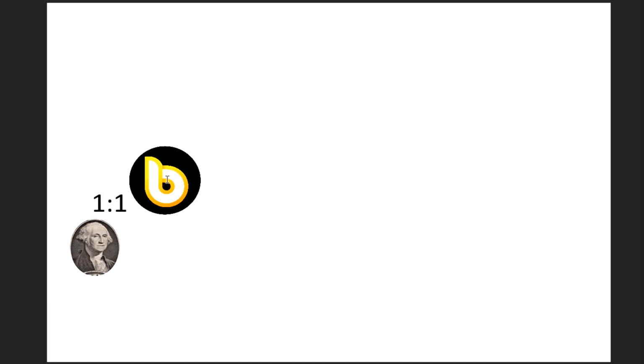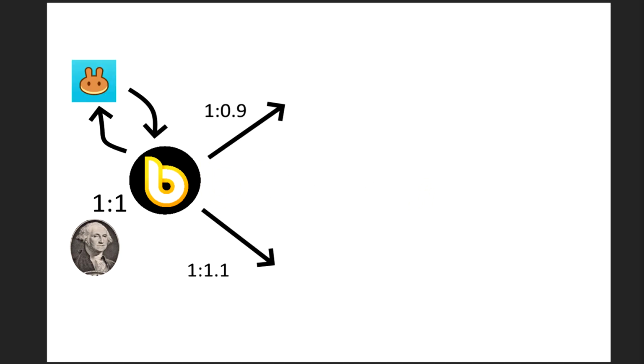So we've got one bDAO equals $1 US. That's the ideal situation, that's the perfect situation, but it doesn't always happen like that. As people start trading the bDAO dollar on, let's say, PancakeSwap, the price either goes up or down. If people are buying the bDAO, the price goes up. If people are selling the bDAO, the price goes down.